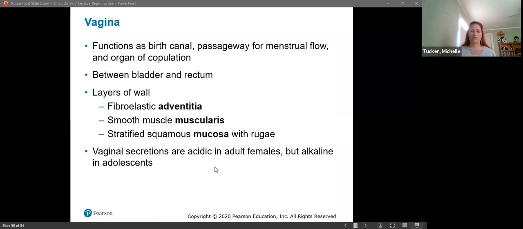Vaginal secretions are acidic in adult females. This helps maintain antibacterial properties, but alkaline in adolescents, which actually makes adolescents a lot more susceptible to bacterial infections because they don't have that extra layer of protection with the acidity.